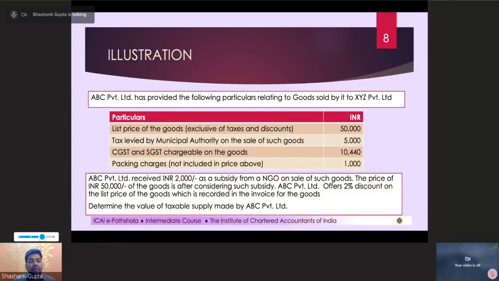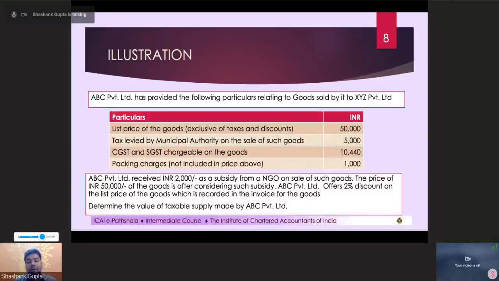ABC Private Limited received INR 2,000 as a subsidy from an NGO on sale of such goods; the price of INR 50,000 of the goods is after considering such subsidy.